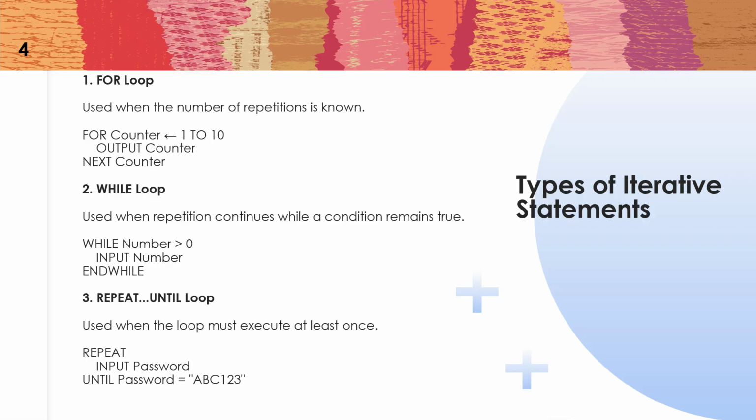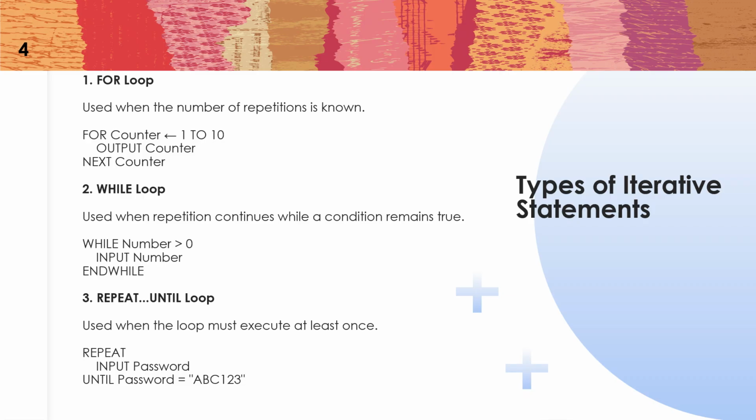Let's see how many different types of iterative statements we can use. The first one being the for loops. These are used when the number of repetitions is known. We will be dealing with the syntax of the for loops in detail later. The second type of loop is the while loop. This is used when the repetition continues while a condition remains true.